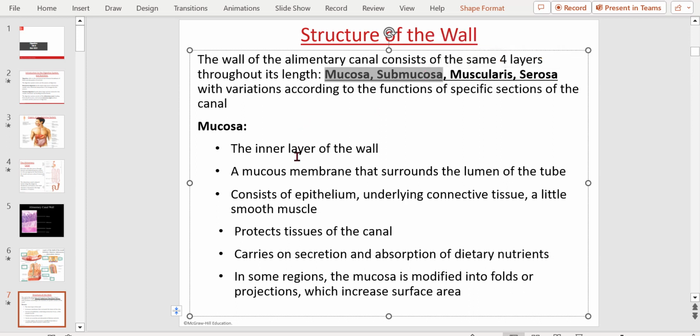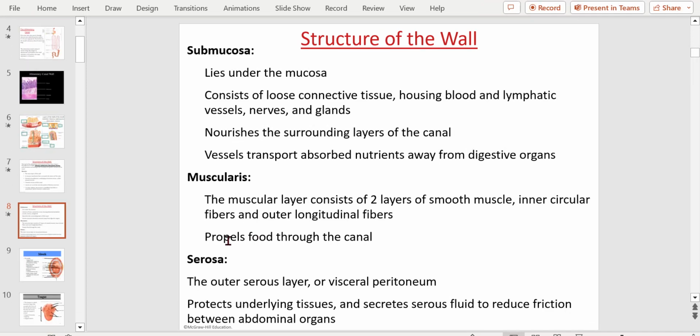The mucosa layer, the inner layer of the wall, a mucous membrane that surrounds the lumen of the tube, consists of epithelium, underlying connective tissue, and a little smooth muscle. It protects the tissue of the canal, carries on secretion and absorption of dietary nutrients. In some regions, the mucosa is modified into folds or projections to increase the surface area.